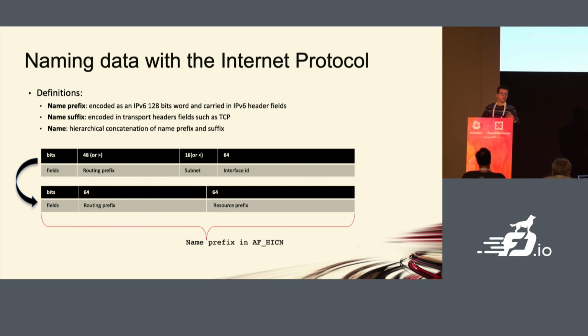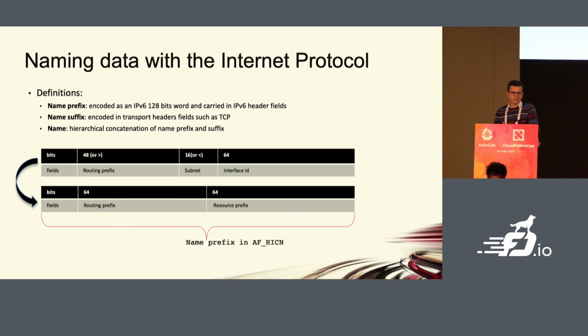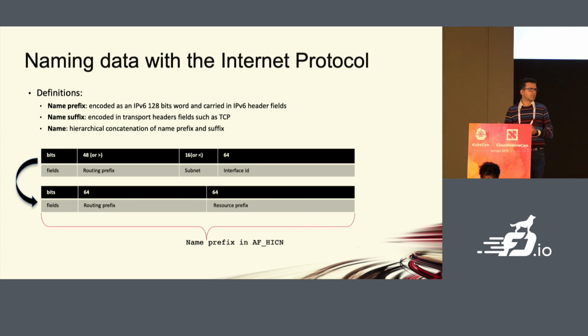So once you negotiate the offset, you can start naming with the byte offset, the sequence number, the meaningful pieces of data for the receiver. And this is TCP. In the case of hICN, we reuse the sequence numbers to identify the chunks of data that are coming from a source.